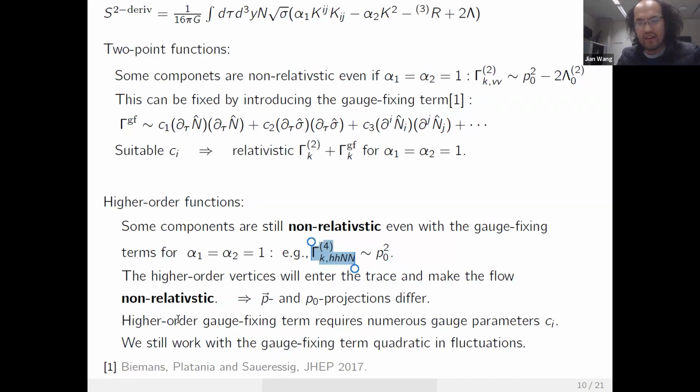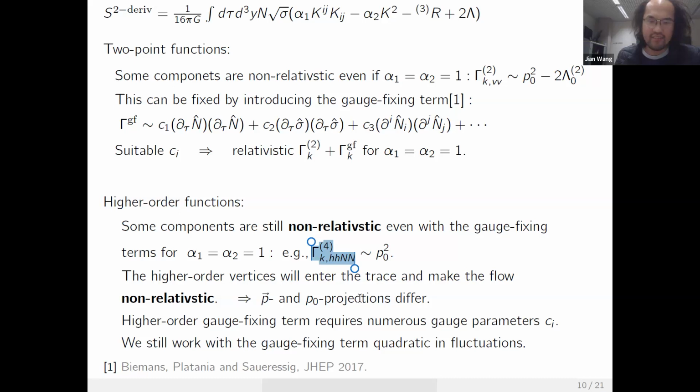So in this talk, we will still work with the gauge fixing term quadratic in the fluctuation. As we will show later, even though these two projection methods lead to slightly different results, they still give qualitatively similar results on the structures.